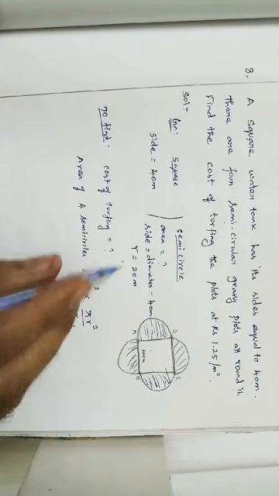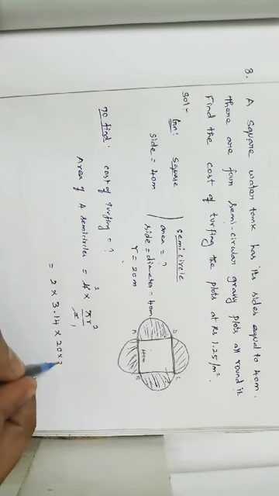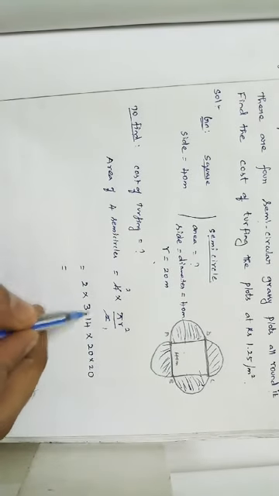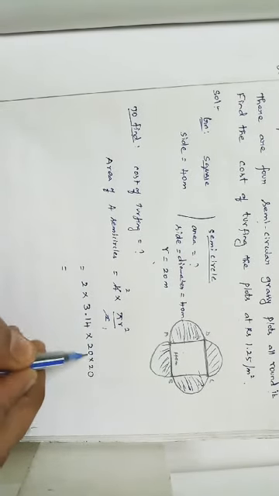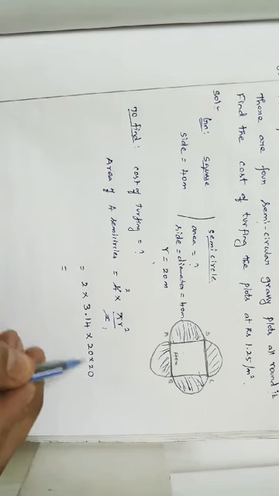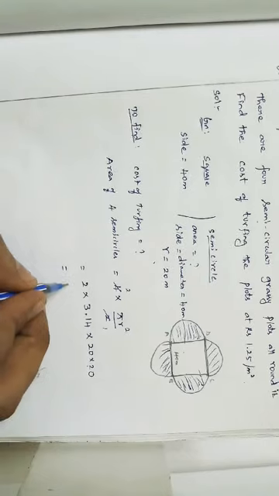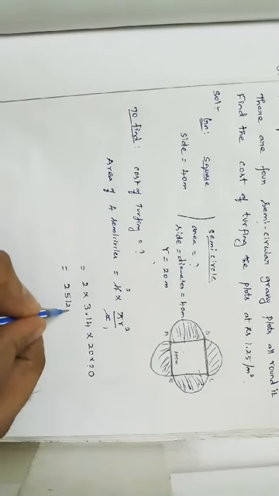R is 20, so 20 into 20. Multiplying 2 into 3.14 gives 6.28, and 20 into 20 is 400. Multiplying 400 into 6.28, we get 2512 meter square.